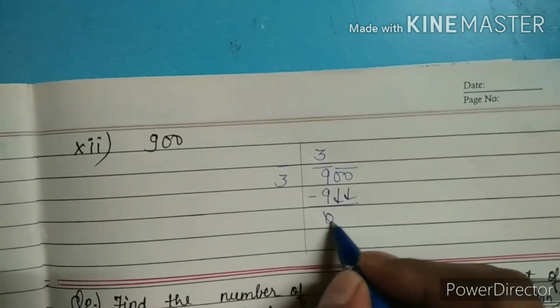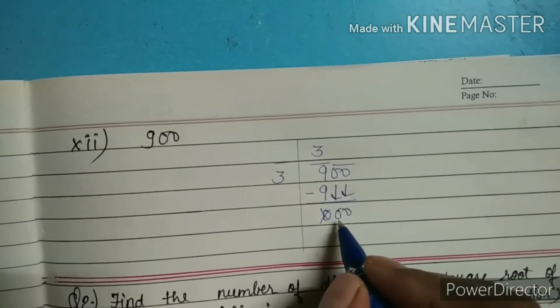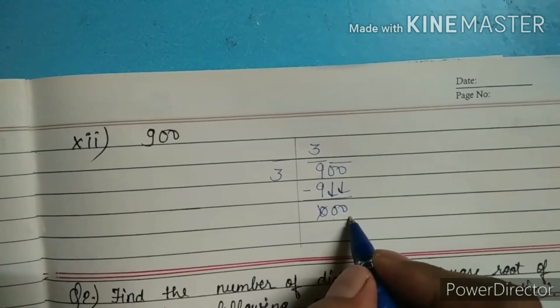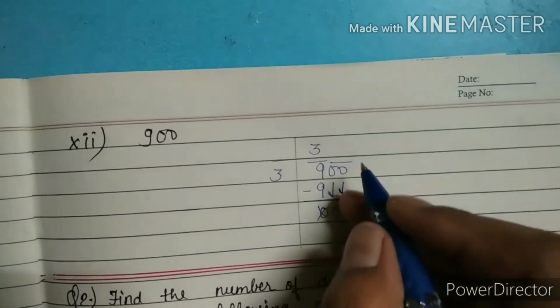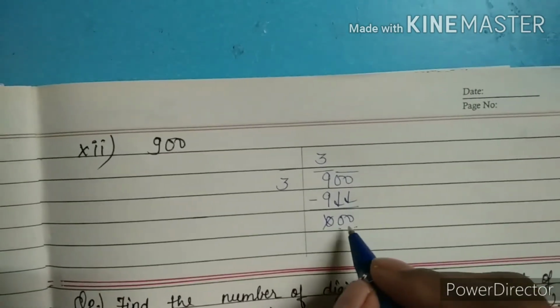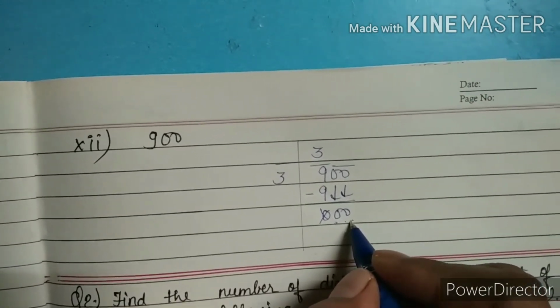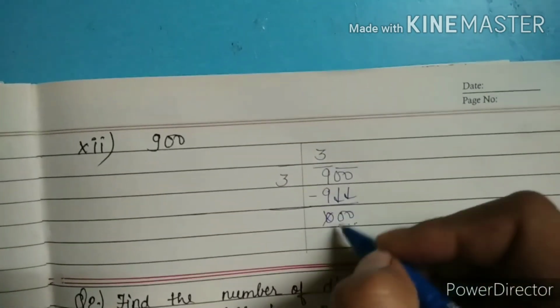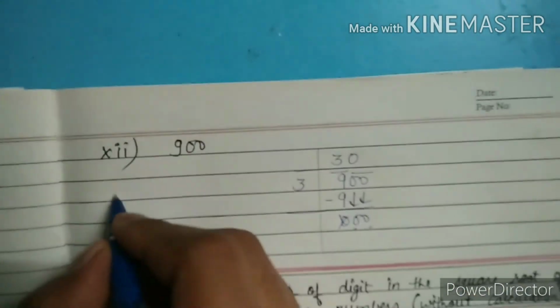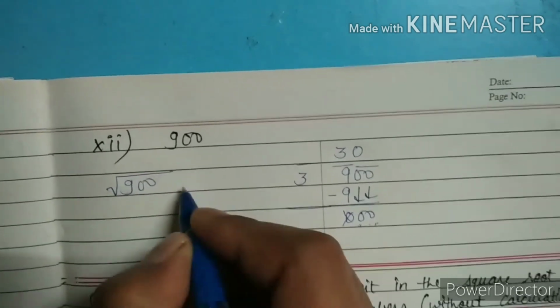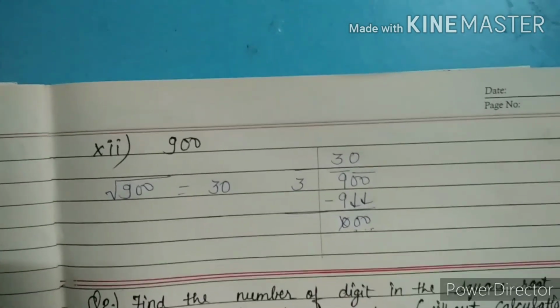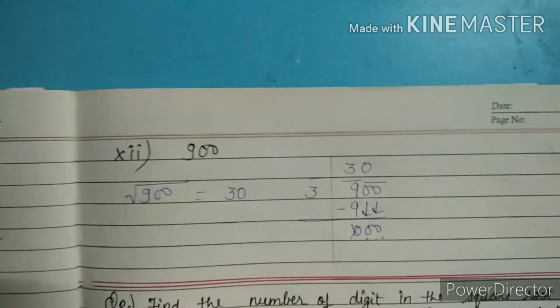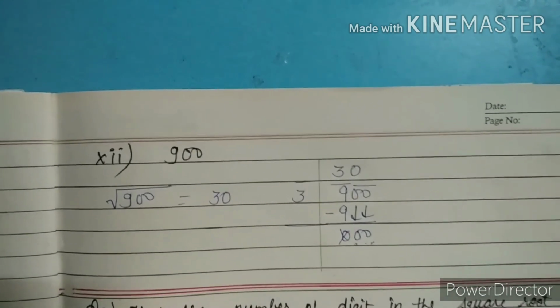And when we copy the pair, both numbers are 0. That's why here we have to put directly 0. So the square root of 900 is 30. So here we completed question number first of the exercise 6.4.